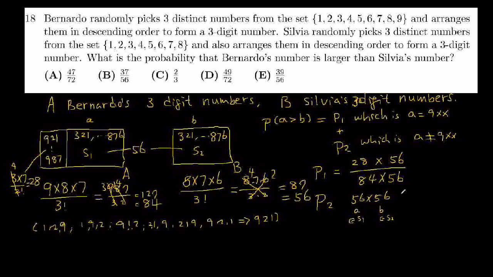So that equals 56 times 56, which is 3136. That's the total combinations.